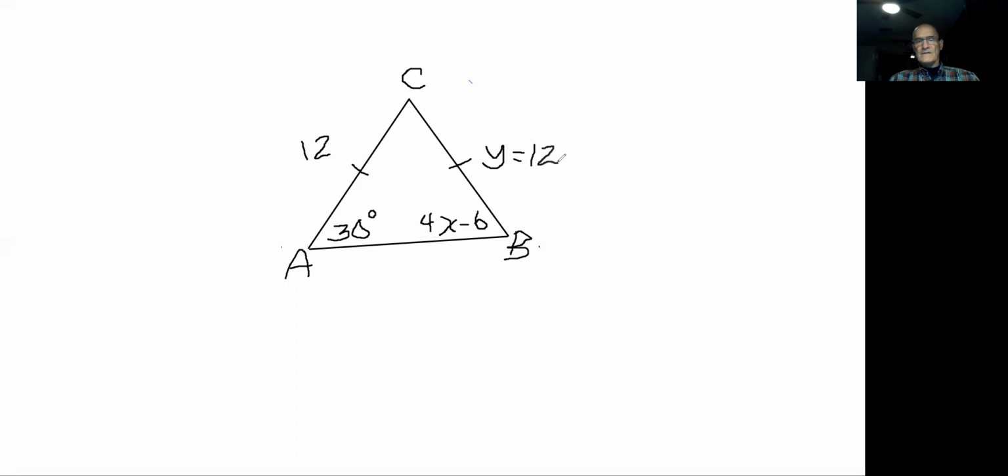But the isosceles theorem says that if two sides are equal, the opposite angles are equal, so the angle opposite this side is B, and the angle opposite this side is A, so I know that A and B are equal, so I could say 30 equals 4x minus 6. And I can add 6, and I get 36. And I divide by 4, so I get x equals 9.